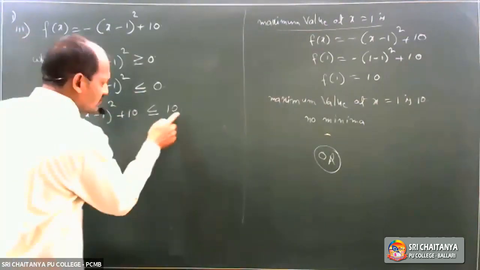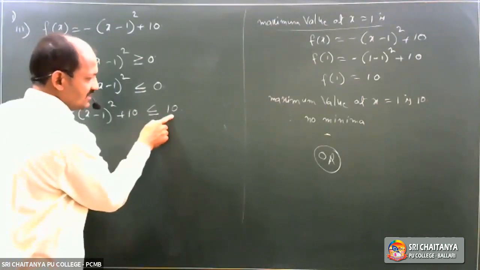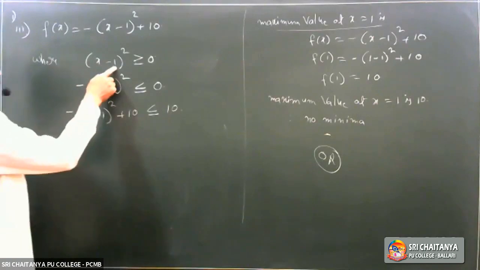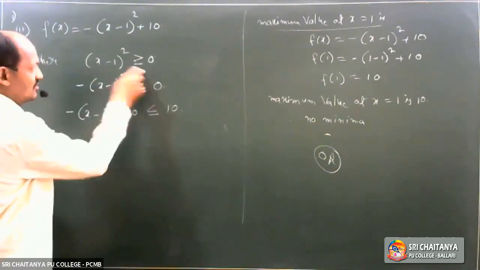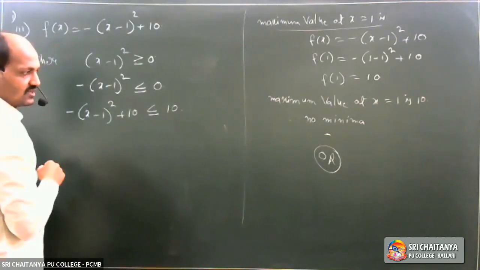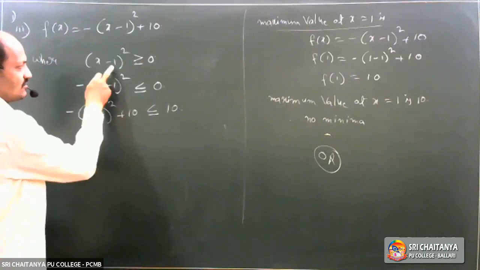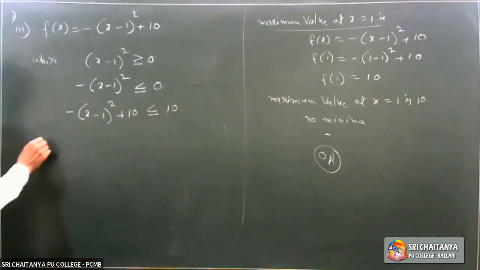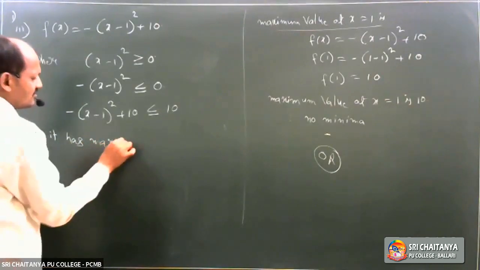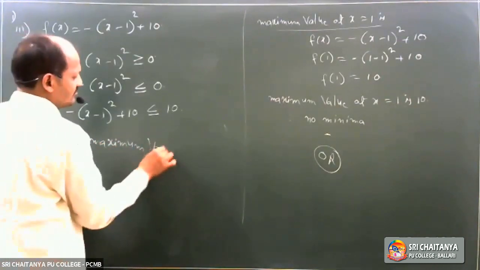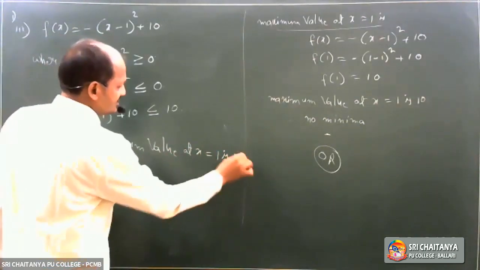Less than or equal to 10 means it is a maximum, attained when x minus 1 is equal to 0, at x equal to 1. So this function has a maximum value at x equal to 1, which is 10.